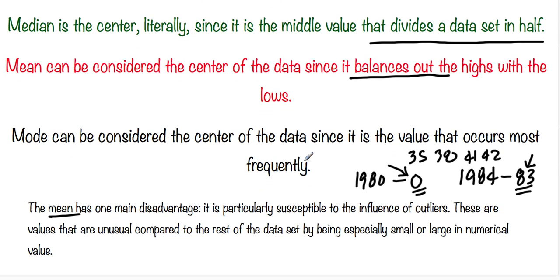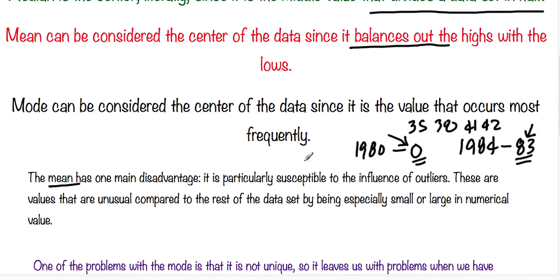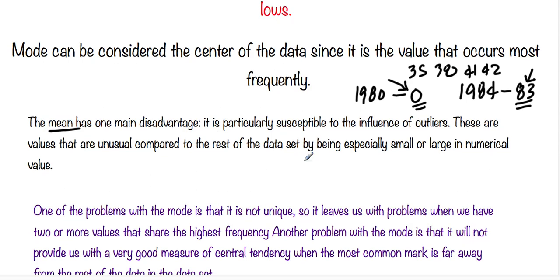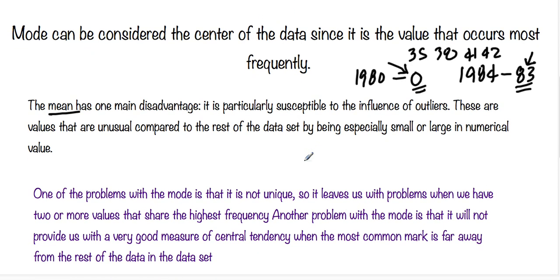Okay, the mode can also be a problem. Let's take a look at how it can be a problem. One of the problems with the mode is that it is not unique, so it leaves us with problems when we have 2 or more values that share the highest frequency, meaning to say when you talk about the mode, if you have more than one mode, it cannot be representative of the set of data.